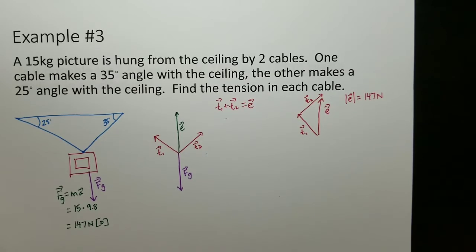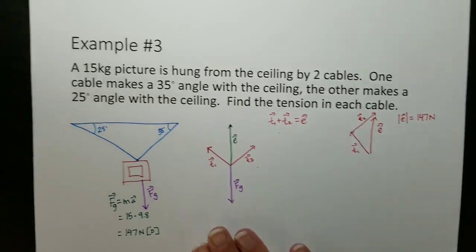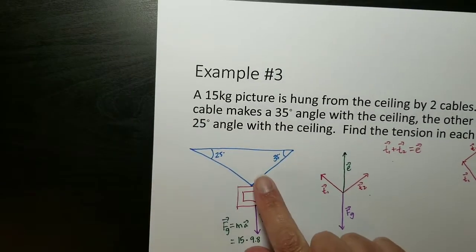The other tricky thing in this question, oftentimes people have trouble with the angles. And there's a lot of ways of looking at this. I'm going to go back to my original picture.